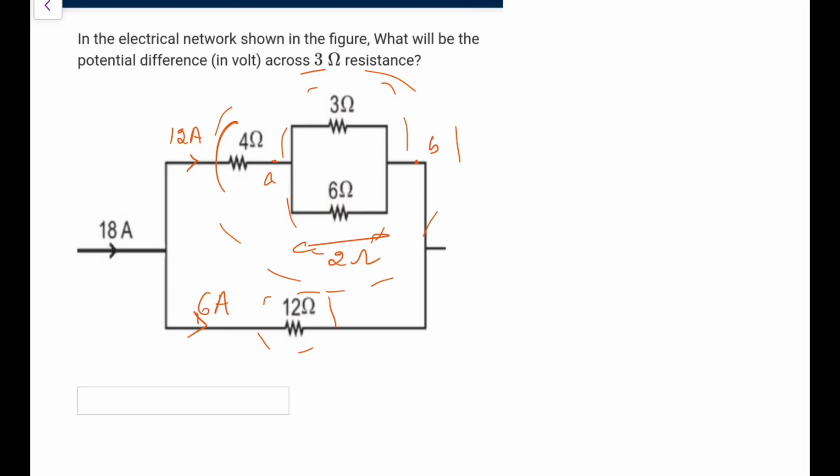So this is 12 amperes going into this 2 ohm. That would be the potential difference across AB. I can directly write, 12 2s are 24 volt. So the potential would be 24. And if you want to divide the current, this 12, this would be 8 ampere and this would be 4 ampere. So from there also you can go there. 8 3s are 24. Next.